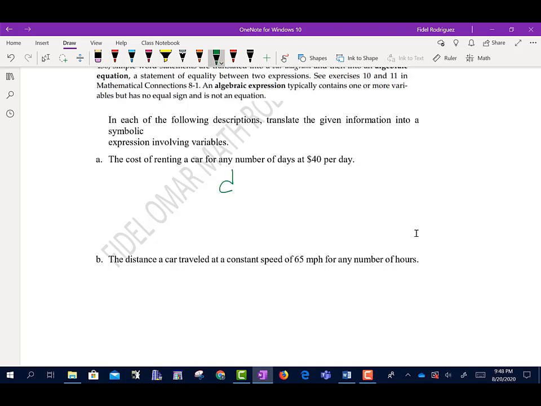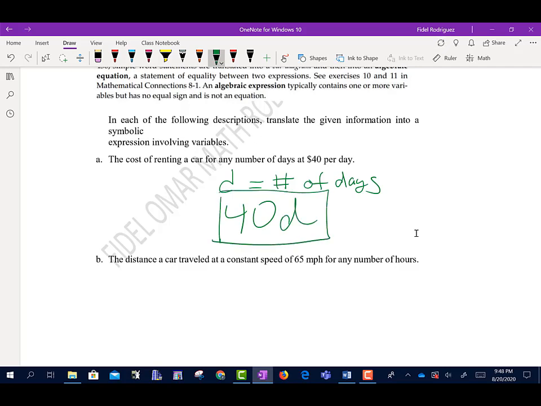So how about if we say D is going to be the number of days, and since it costs $40 a day, we would just say 40D would be the expression that describes what they're asking me to find in part A, okay? So notice, since we're finding expressions, we're not going to have an equal sign, we're not going to have an equation, okay?